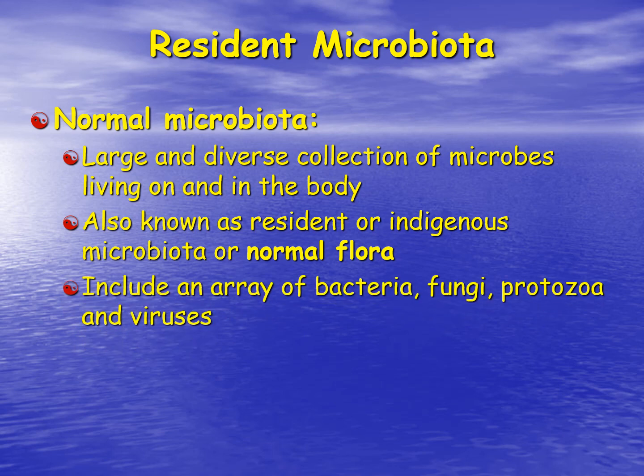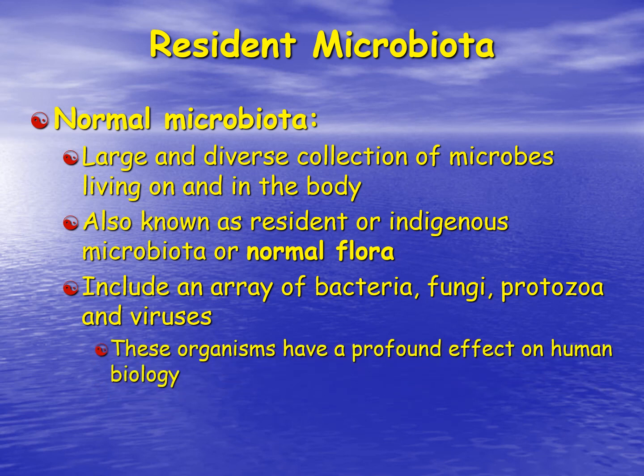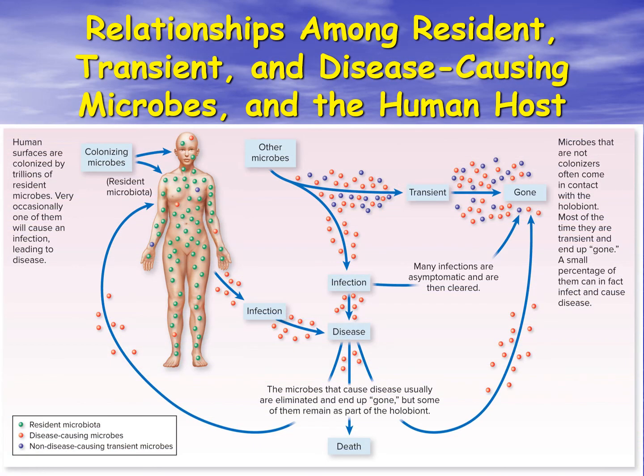This includes a variety of bacteria, fungi, protozoa, and even viruses. These organisms have had a profound effect on human biology. It is estimated that for every cell of your body, you have 10 microbiota present on the surface of the body or in the body.